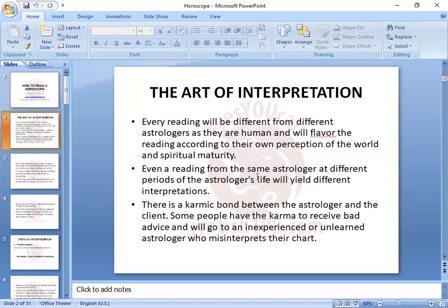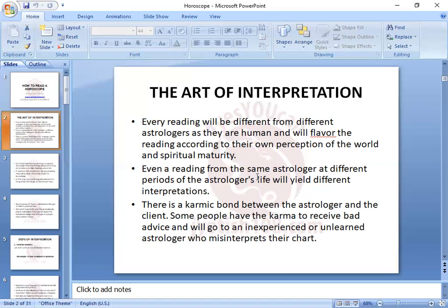Okay, a person who has started reading charts, say for only 1 year, or say for the past 2 years, can be more spiritually mature than someone who has been reading charts for the last 30 years. Okay, so spiritual maturity is not counted according to seniority, right?